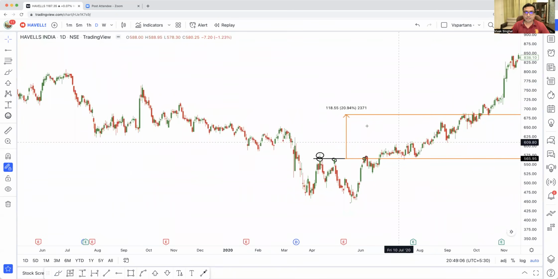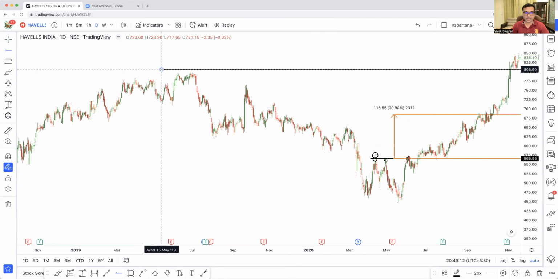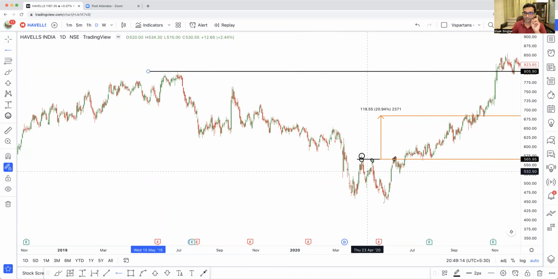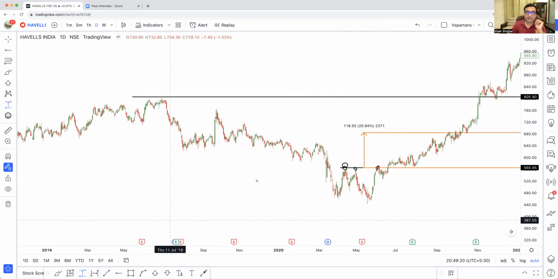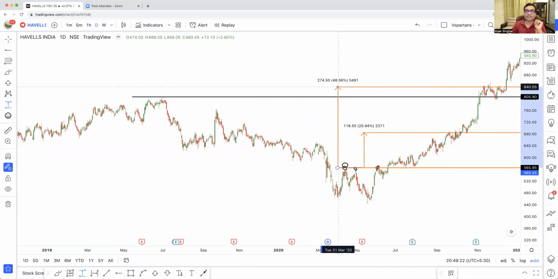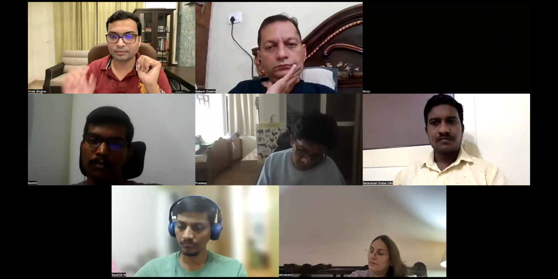wherever the technical target is lower than the lifetime high, in the case of the reverse head and shoulder pattern, if the technical target is lower than the lifetime high, in that case our target will be the lifetime high itself, not the technical target. Please note it down.